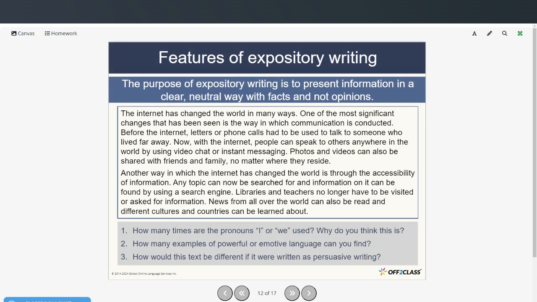Okay, the purpose of expository writing is to present information in a clear, neutral way with facts and not opinions. So, how many times are the pronouns I or we used in this expository writing, and why do you think this is? So, we're going to be looking for I and we.